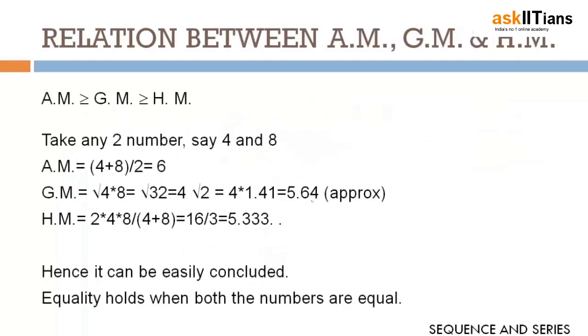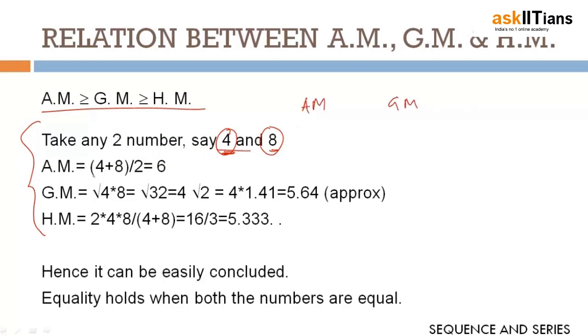So let us now discuss the relation between AM, GM and HM. Straight away we will take an example, and then derive the relation once we look at it. Let us take 2 numbers and find the AM, GM and HM for them.